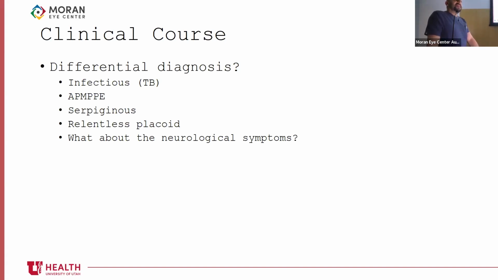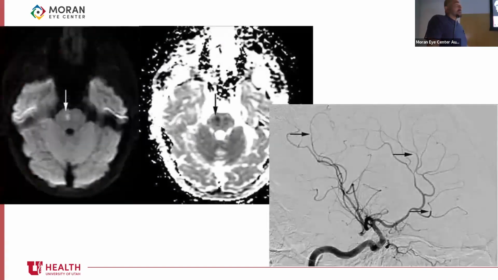Well, there isn't, or there wasn't, but sure, we got head imaging, and you can see on the DWI this area of hyperintensity and hypointensity in the ADC images. And because of this, they suspected cerebral vasculitis.